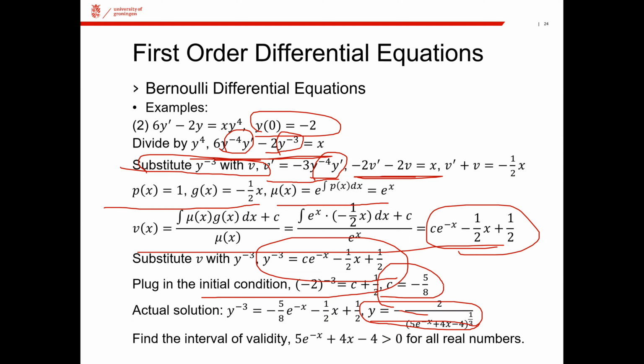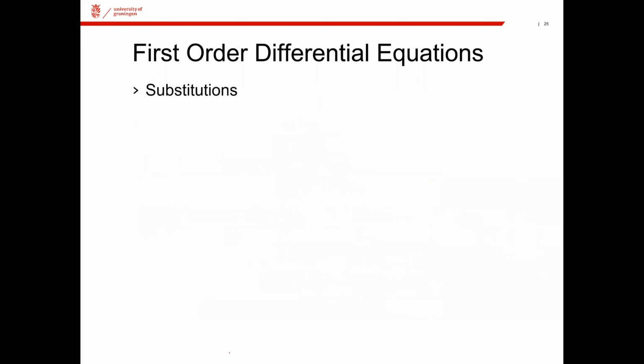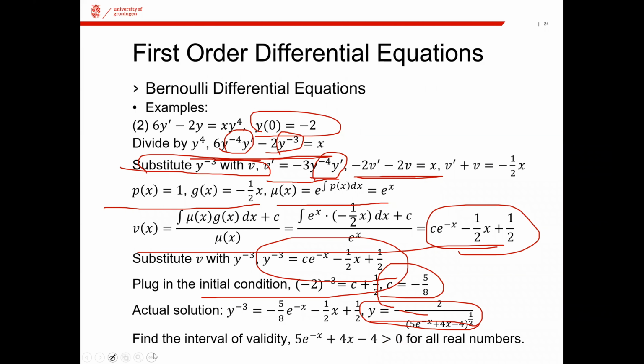So for the interval of validity, this part cannot be 0 because it is the denominator.